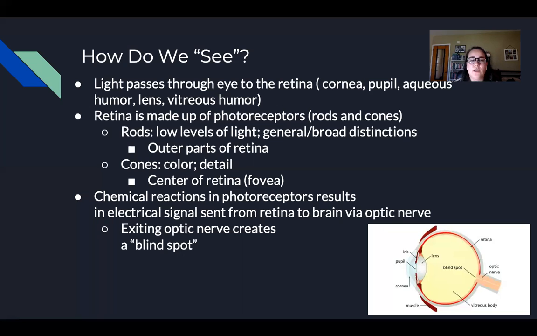That's not an intruder. The rods are helping you distinguish between the various shapes in the low lighting of your room. The rod receptor cells are more prevalent in the outer parts of the retina. And whoever named them was not creative. They just called them rods because they look like rods.